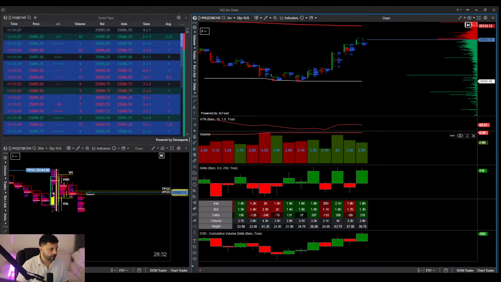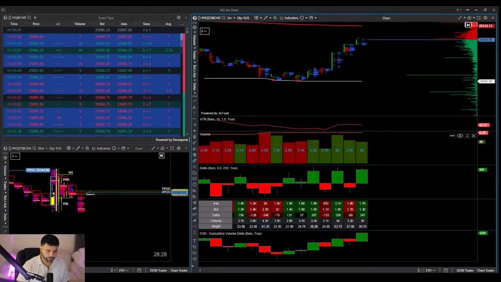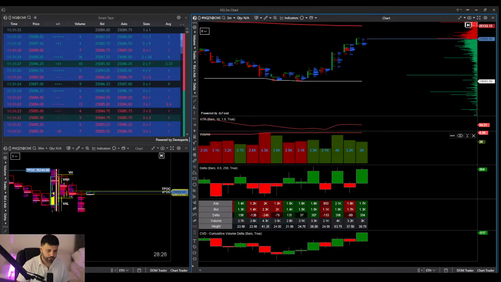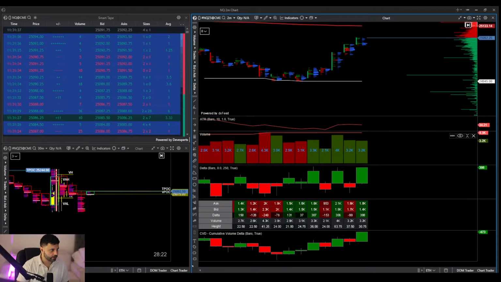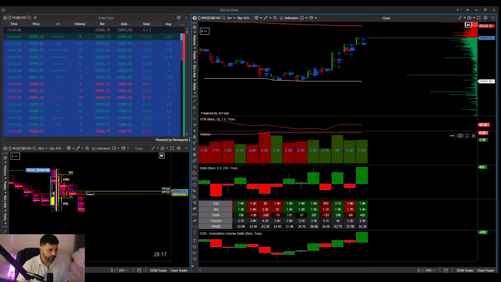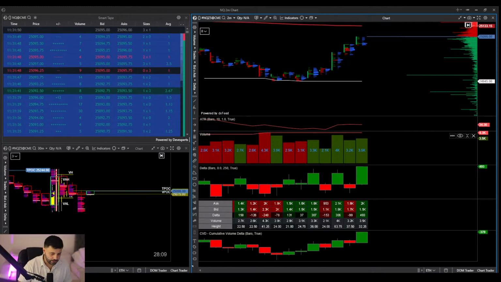And all indexes were at key levels, right? All indexes were at key levels. That's an A+ setup. Market's ripping. Like I said, I don't expect this market to sell off today, especially with Nvidia earnings coming up, lack of news.